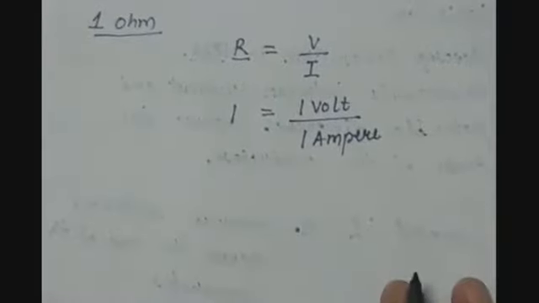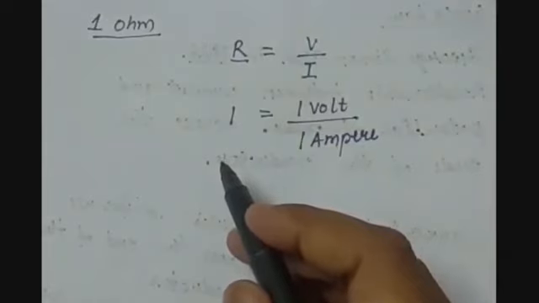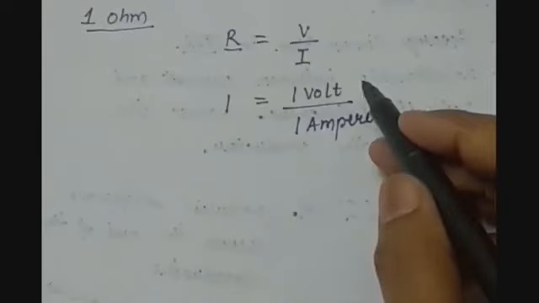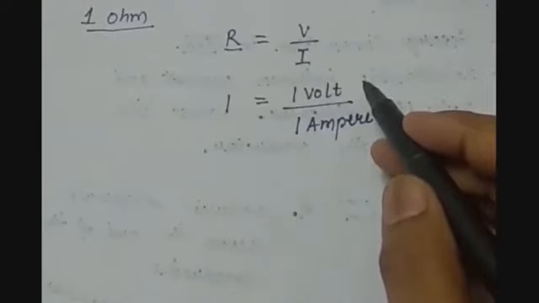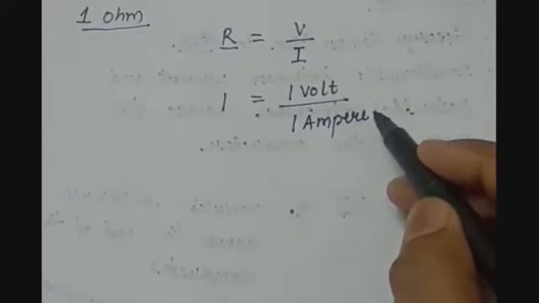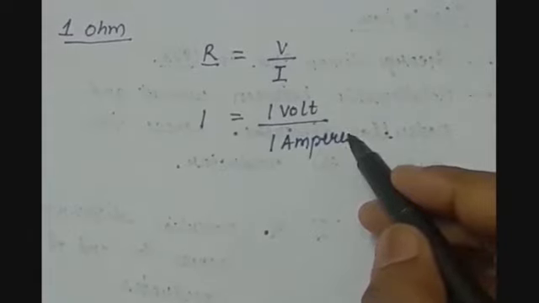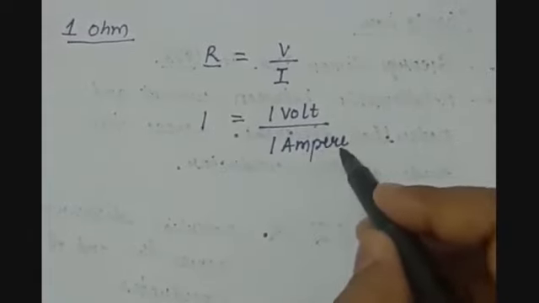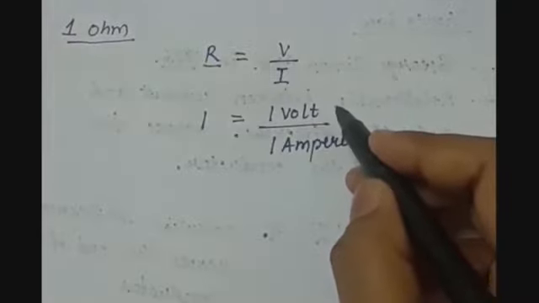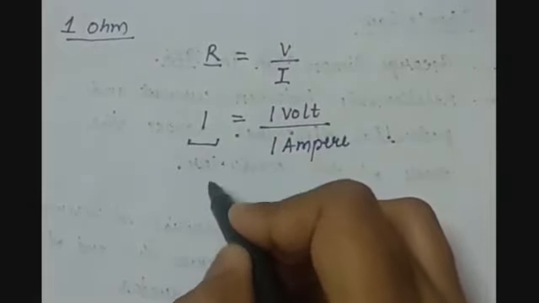So we can define the resistance as 1 ohm if a potential difference of 1 volt across the ends of the conductor makes 1 ampere of current flow through the conductor. That means if across a conductor 1 ampere current is flowing when 1 volt potential difference is applied across the ends of the conductor, then the resistance will be said to be 1 ohm.